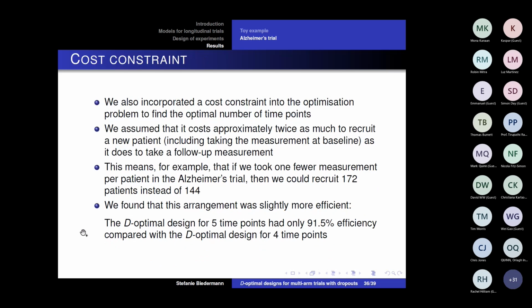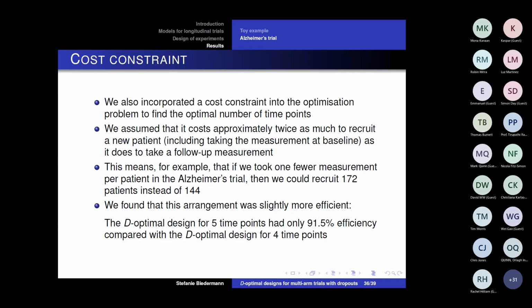So I'll go to the cost constraint. This was something we considered in order to establish how many time points we should actually have in the trial. Here for the Alzheimer's example, we incorporated a cost constraint into the optimization problem to find the optimal number of time points.